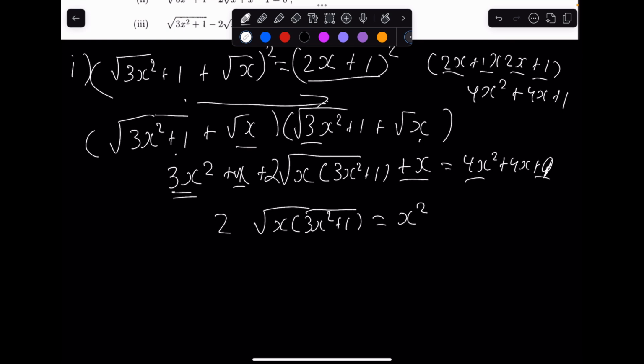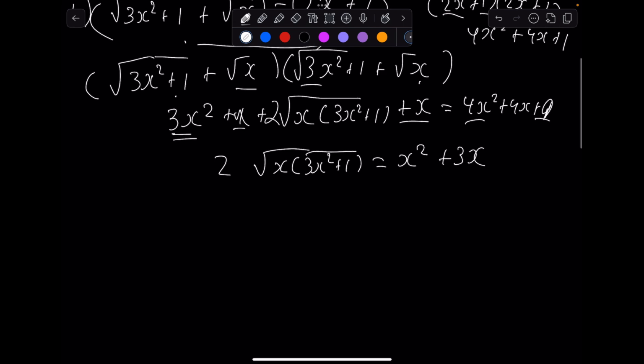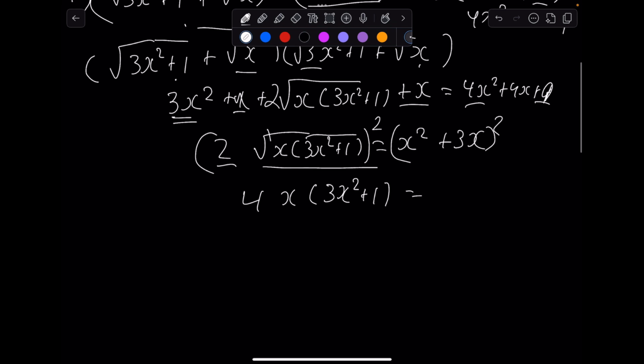Then you take the x to the other side, so 4x minus x is plus 3x. Now we can square both sides again, so that's 4, and the square root cancels out. I'll write it like that: x times 3x squared plus 1 equals x squared plus 3x, all squared.